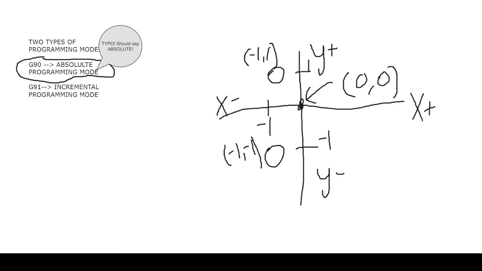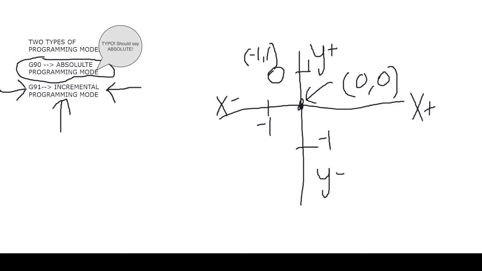Now, incremental mode is a little bit different. This one right here is going to be a movement from your last location. So it's not going to be from a fixed 0, 0 like absolute. Your first point in the top left quadrant would still be -1, 1, because you would essentially work off 0 to begin with and move to -1, 1.